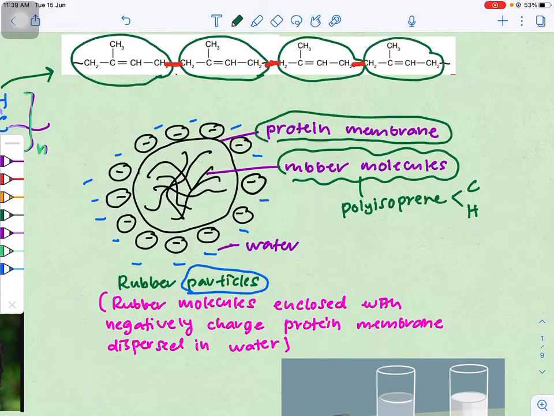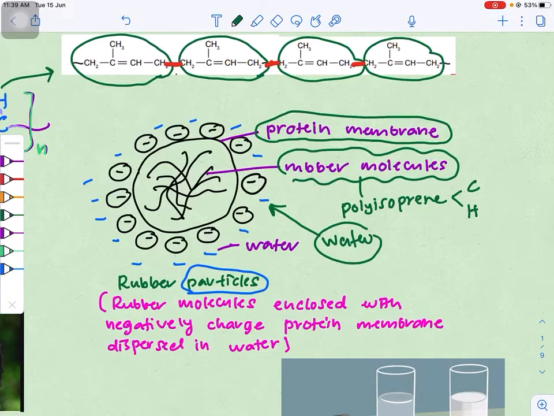Okay, very thin protein membrane, and this protein membrane is negatively charged. So if I have two rubber particles, I need to draw the rubber molecules, rambut-rambut ni, and then I need to draw the protein membrane with negative charge, and don't forget about water. This is how I represent the water.